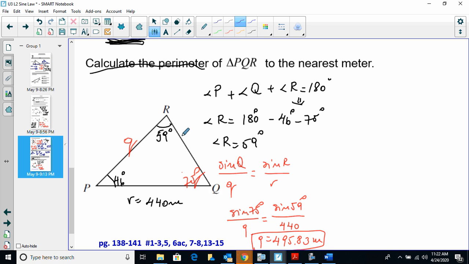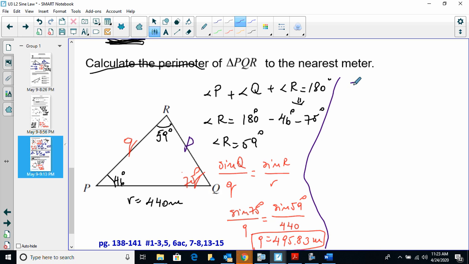And then we will look for the length p, or QR. So now again we'll use sine law. We can use anything, but I recommend you always use what the problem is giving you instead of what you are finding, because what you are finding may be a mistake, and then this mistake is carried over.